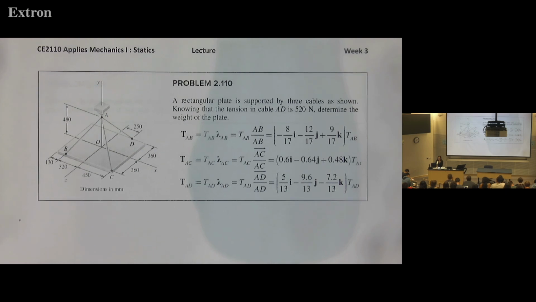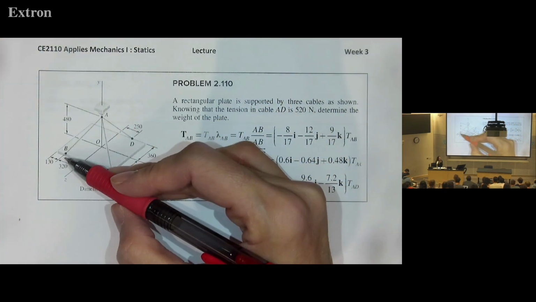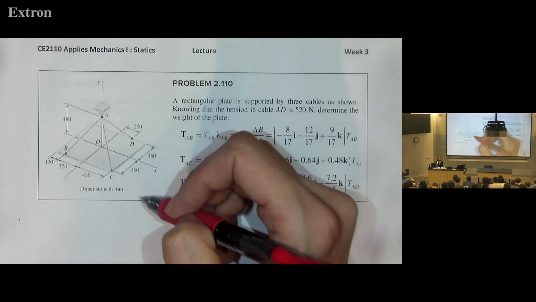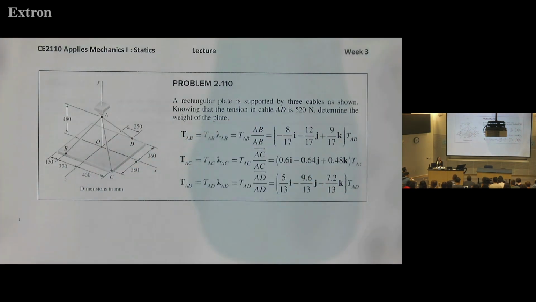Before that, the free body diagram. We need the free body diagram first. Here, we have 1, 2, 3, 4 points, or maybe 5 points. Which point should we use for the free body diagram? A?